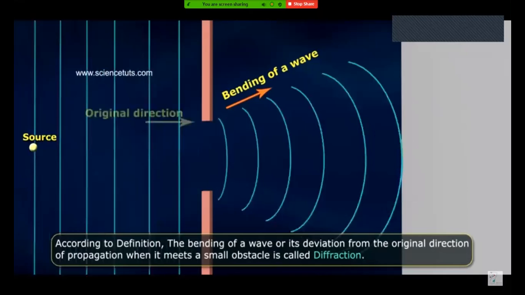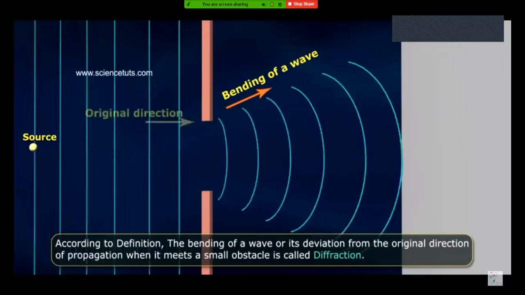This phenomenon is diffraction. According to the definition, the bending of a wave or its deviation from the original direction of propagation when it meets a small obstacle or a sharp edge is called diffraction. Clear? I'm playing it again. When it meets a small obstacle, it is called diffraction.